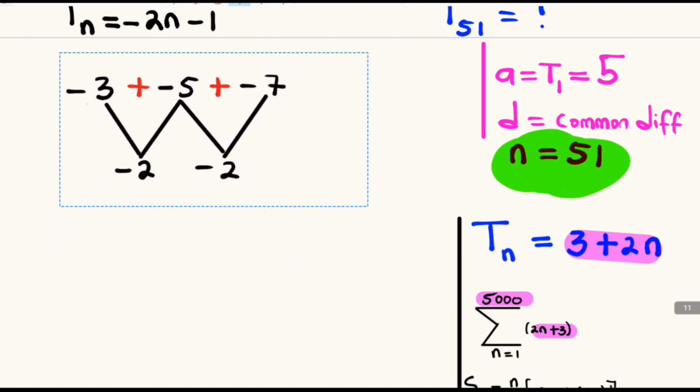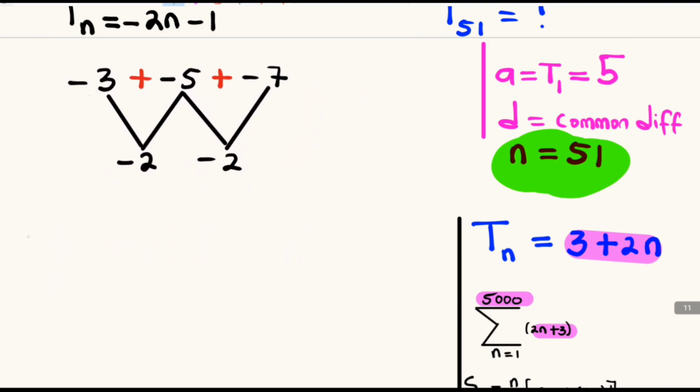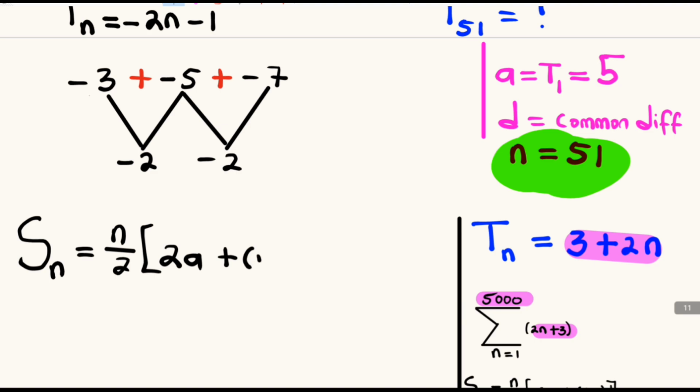So the sum to n terms of the arithmetic, n divided by 2 into 2 multiplied by a plus n minus 1 multiplied by the common difference.